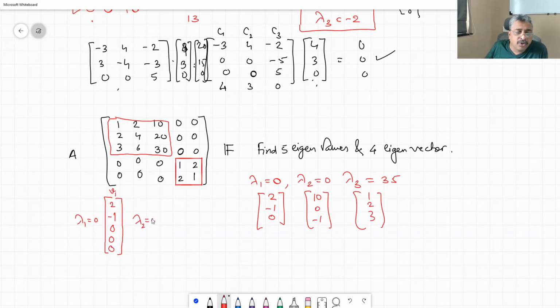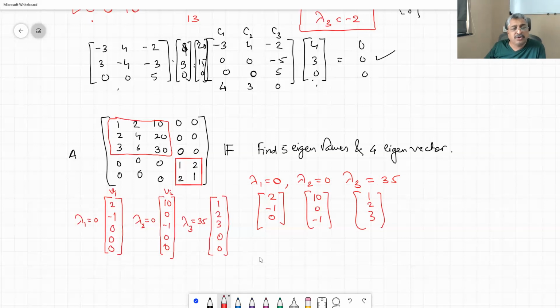Lambda 2 was 0, and the corresponding 5-dimensional vector 1, 0, minus 1, 0, 0 is going to be the eigenvector. Because of the last two zeros, these two entries are not disturbing. Lambda 3 is of course going to be 35, and the column vector 1, 2, 3, 0, 0 will work. It will give us 0, 0, 0, 0, 0.